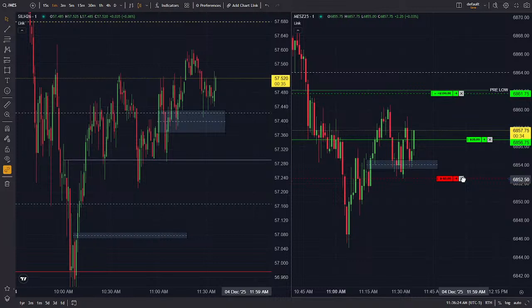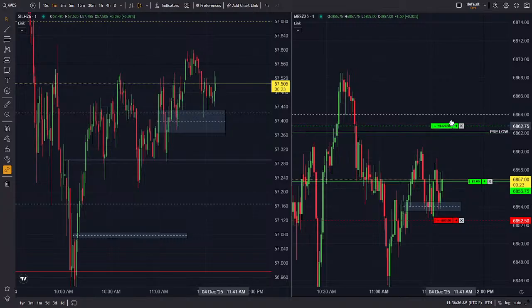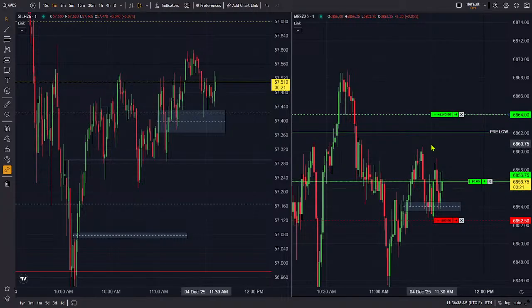That's our line in the sand. Settlement possibility. We should be going here. We shouldn't be hanging out.